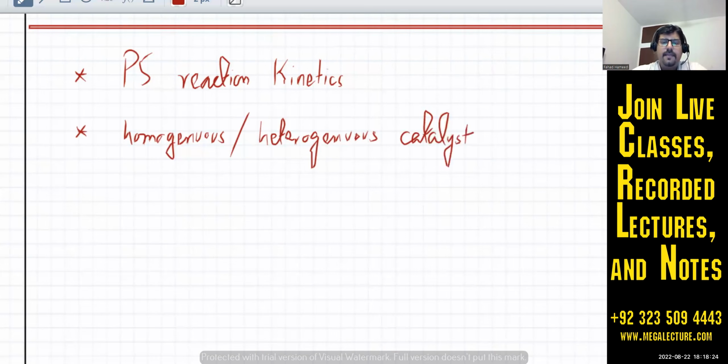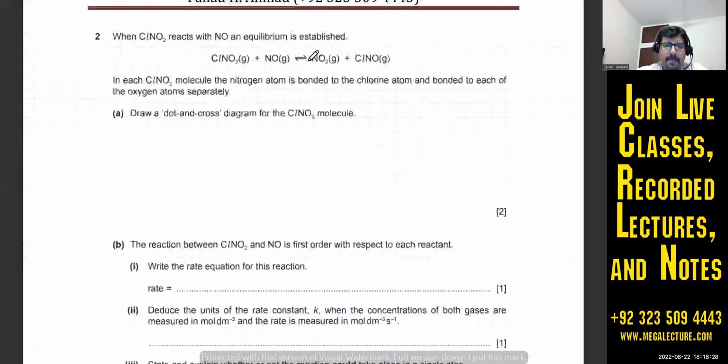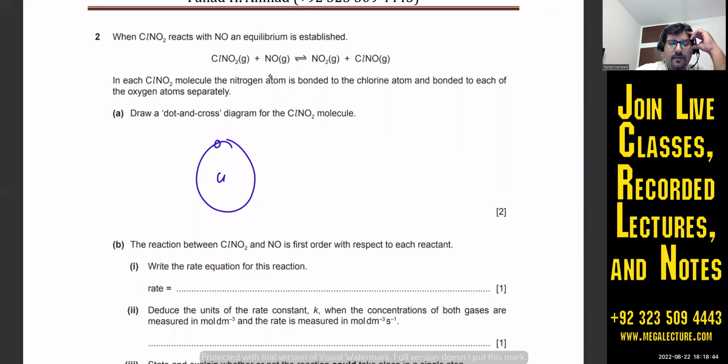That's catalyst. So वापस उस पे आ जाते हैं कि you see in each ClNO2 molecule the nitrogen atom is bonded to the chlorine atom and bonded to each of the oxygen atoms separately. So the nitrogen atom is bonded to the chlorine atom, right? Chlorine has 7 electrons.